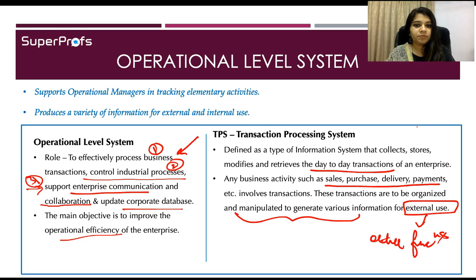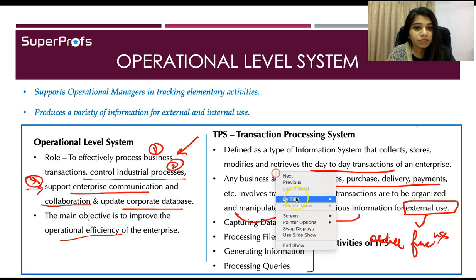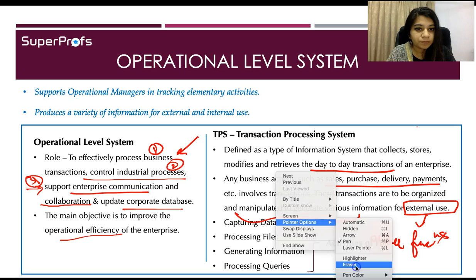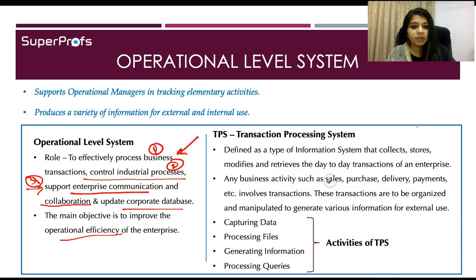Now, what are the different activities which will be tracked in operational level or transaction processing systems? The various activities will be capturing data, then processing files, generating information, and processing queries. See, all these four activities are coming from the definition itself. Capturing data is your collecting.